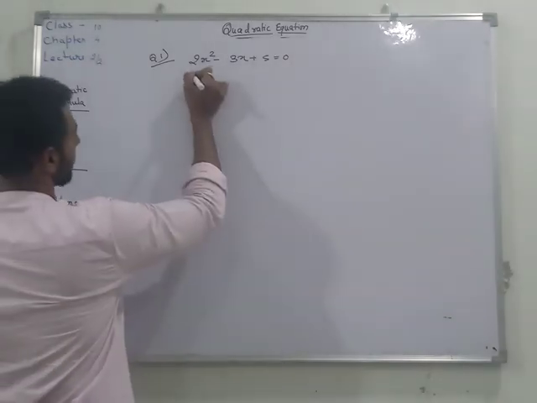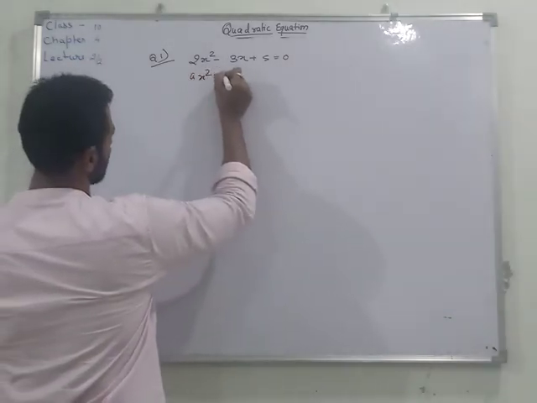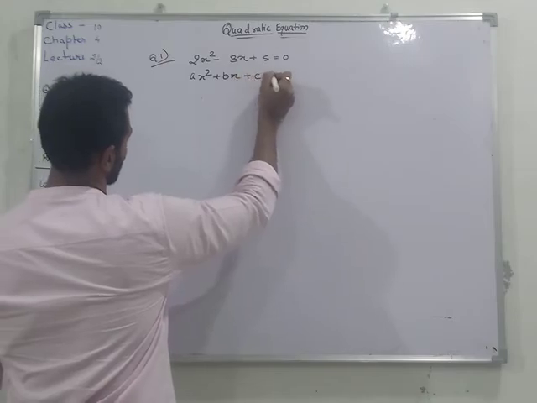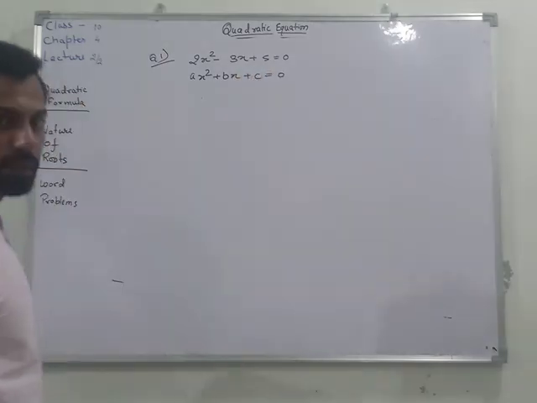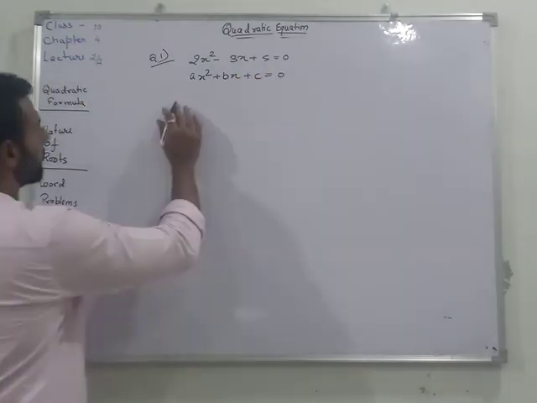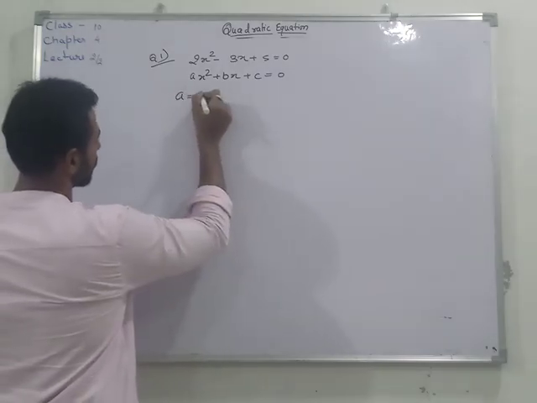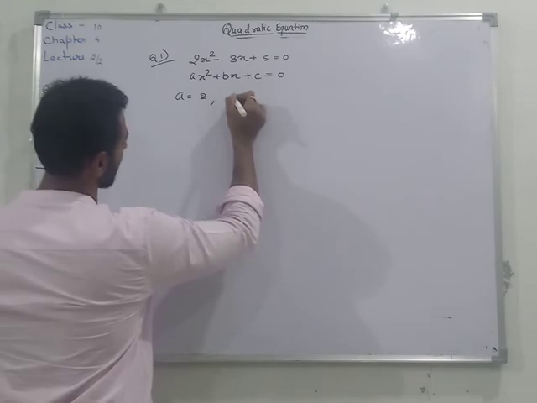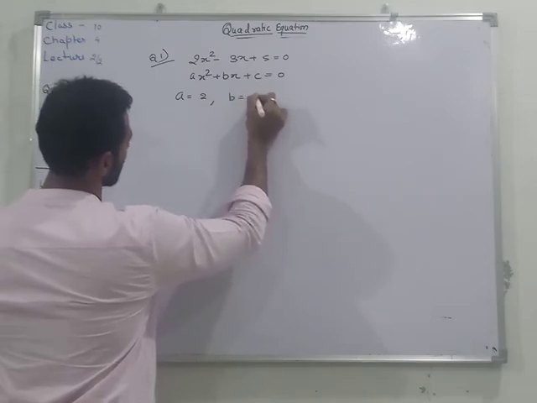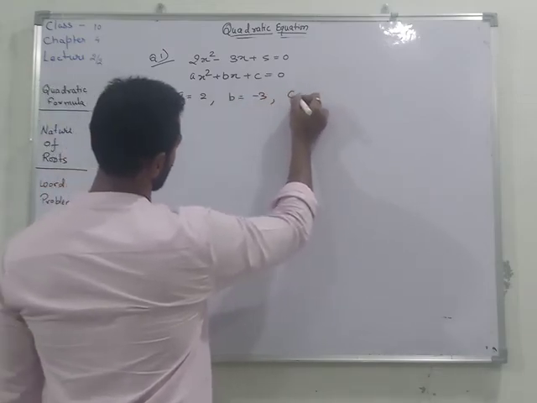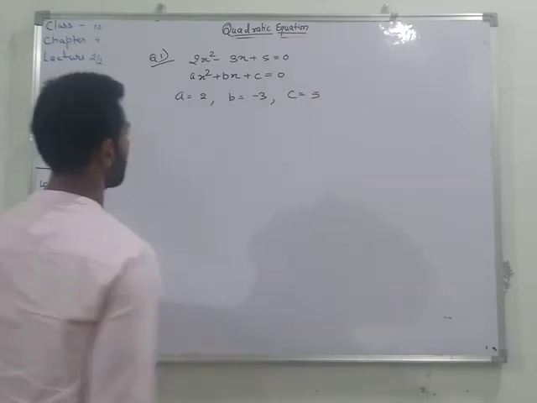First, writing ax² + bx + c = 0, this is the general quadratic equation. Comparing the coefficients, the coefficient of x², a, is equal to 2, the coefficient of x, b, is equal to -3, and the constant term c is equal to 5.